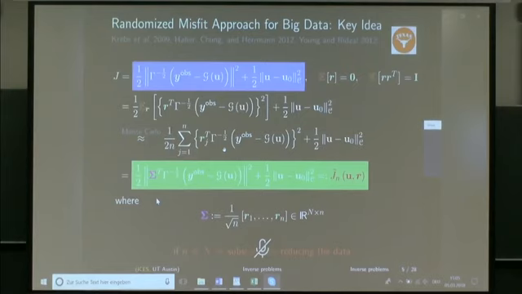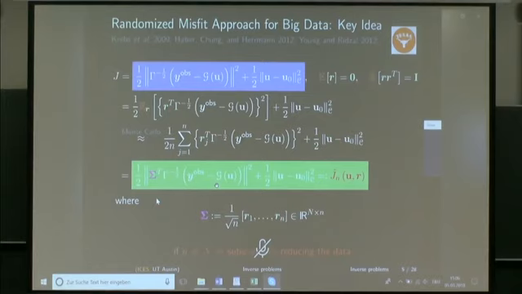Then we can rewrite the Monte Carlo approximation of the cost function J as the green box, which we call J_n tilde, with n samples from the distribution of R. If you look at the blue box and the green box, the only difference is the sigma transpose matrix.